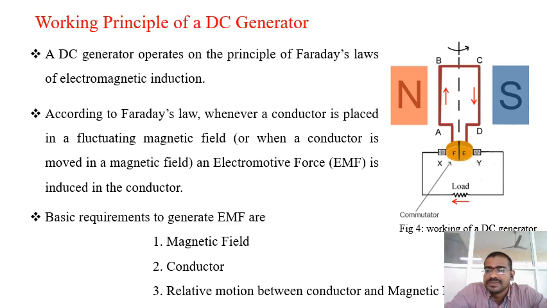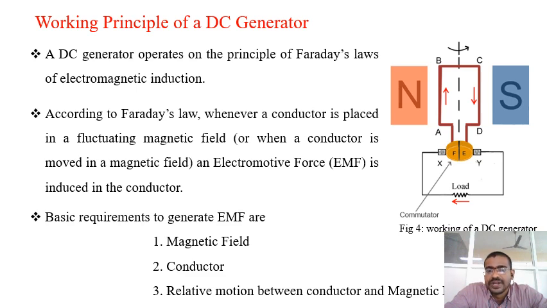Now this setup is placed between two permanent magnets, one producing a north pole and the other a south pole. With the help of the external prime mover, once we rotate the shaft, the conductor also starts to rotate in the anti-clockwise direction. Hence the coil sides cut the magnetic field produced by the two permanent magnets.